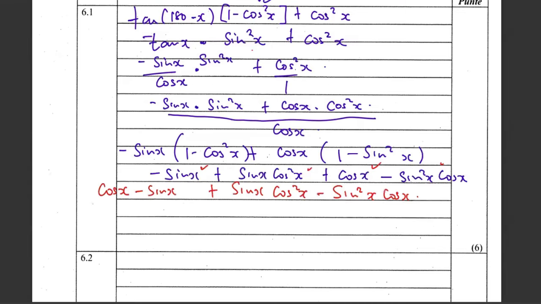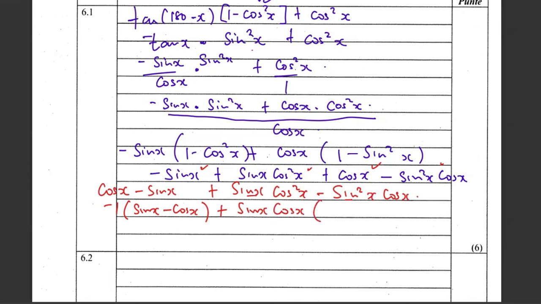On my right-hand side, we have sine minus cos. This is a cos minus sine, which means we can take out a negative, which becomes sine x minus cos x. What is common here? There's a sine, there's a sine. There's a cos, there's a cos. So I'm going to take out a positive sine x cos x.